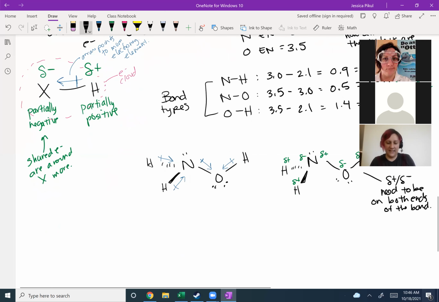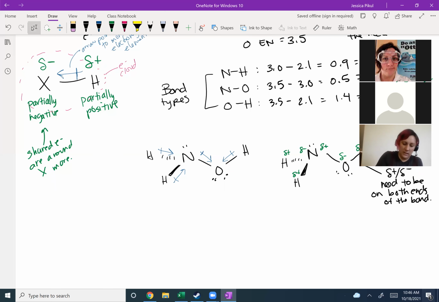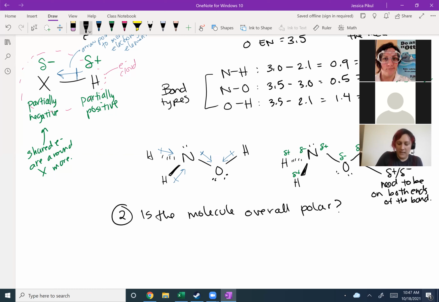All right, so the second step after you identify them all is to decide if the molecule is overall polar. So in general, if there are polar bonds, then you can say it's a polar molecule.